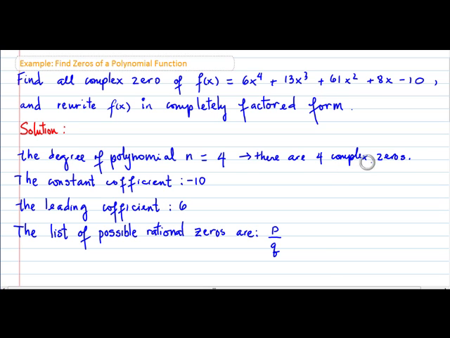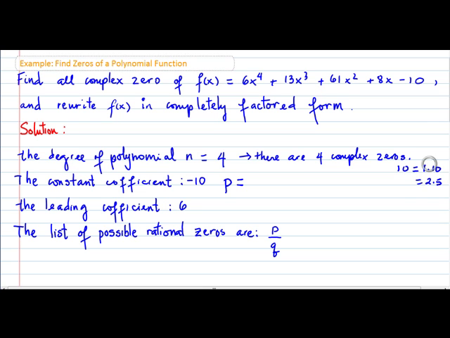has 4 complex zeros. Now first I'm going to find the constant coefficient. Our constant coefficient is minus 10. So therefore, P stands for the factors of the constant coefficient. 10 can be rewritten as 1 and 10 or 2 and 5.